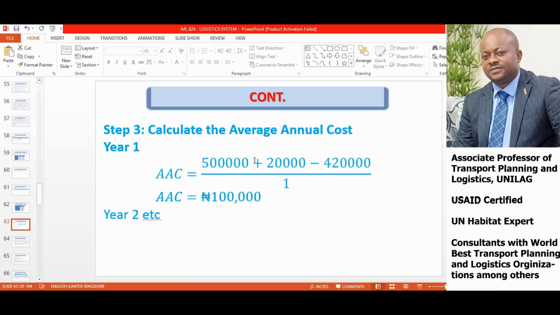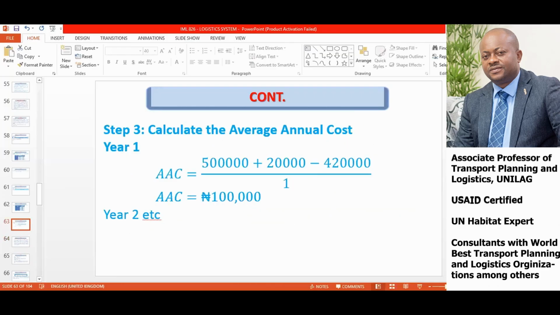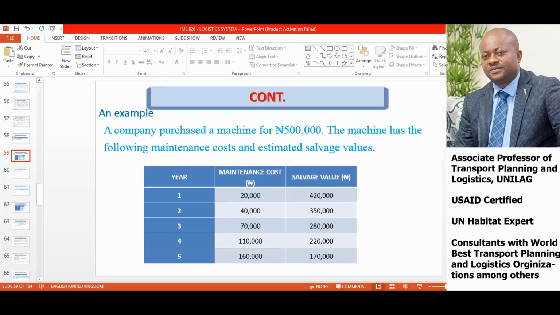Okay, do the second one. Solve for the second one and tell me what you have. 105, sir. Correct. What's the third one? When you compute for the second year, class, you are going to get 105,000.